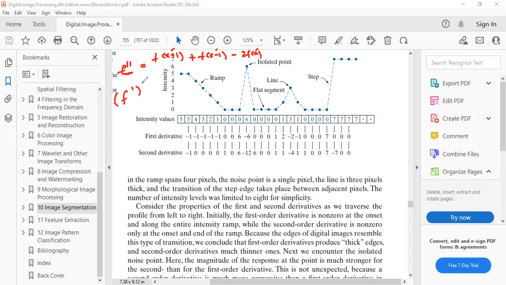This is the first derivative, and if we perform the first derivative again on these values, we get the second derivative.